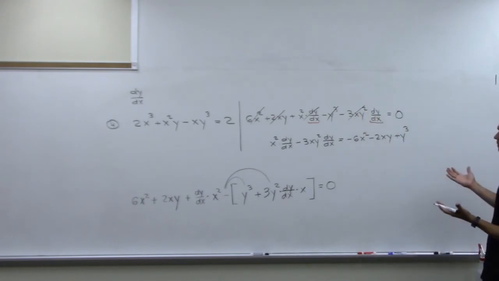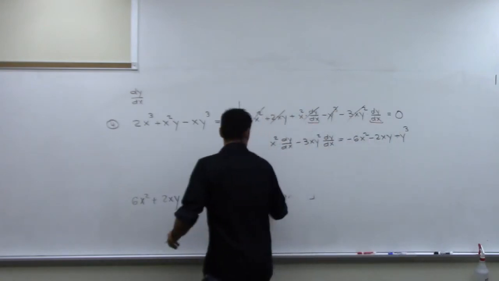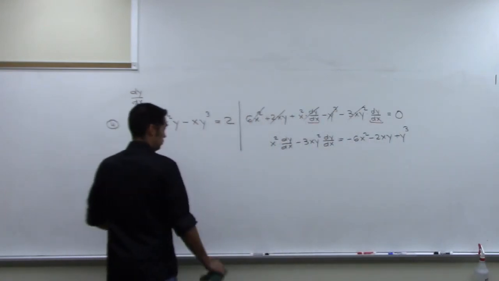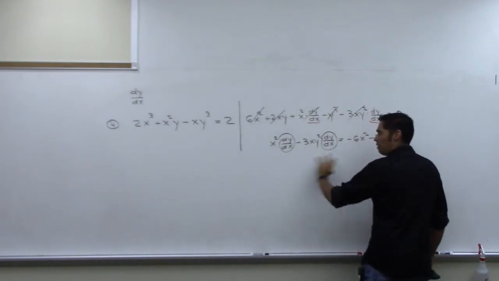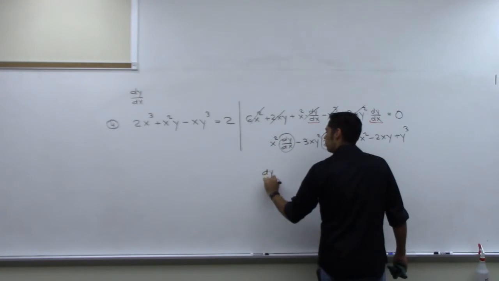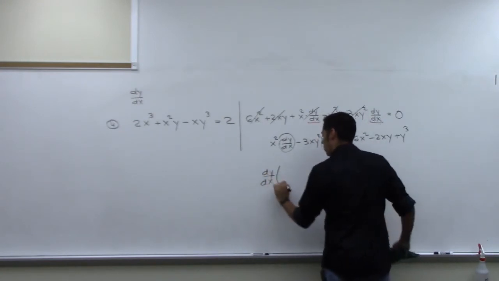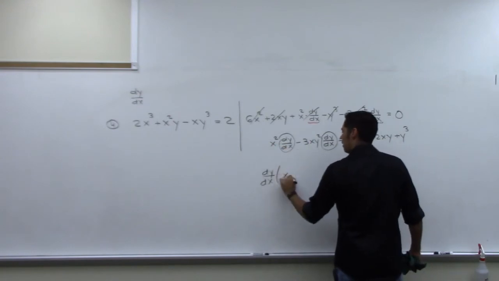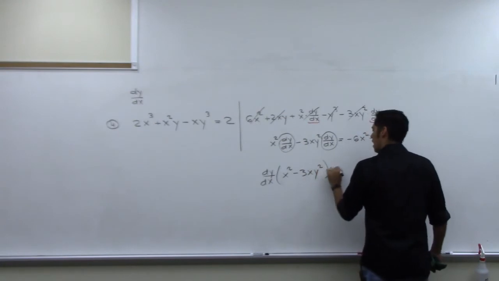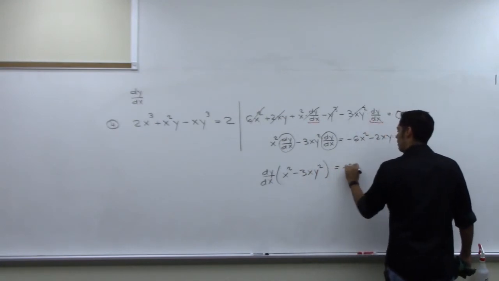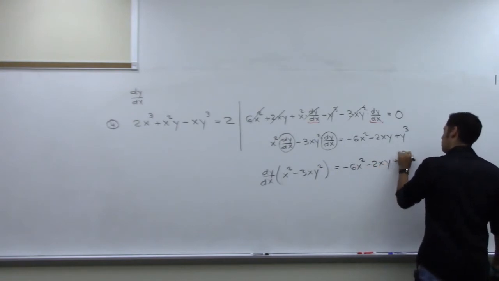So that's it. And now that we've isolated the dy/dx terms on the left side, we can do a GCF, greatest common factor. We can pull out or factor out a dy/dx and be left with the x squared here, and over here the minus 3xy squared, and then equals this side, negative 6x squared minus 2xy plus y cubed.